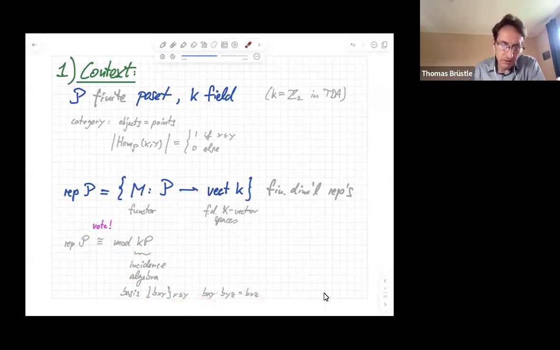So you could study modules of the incidence algebra or representations of the poset, and these two categories are equivalent, whichever you are more comfortable with.